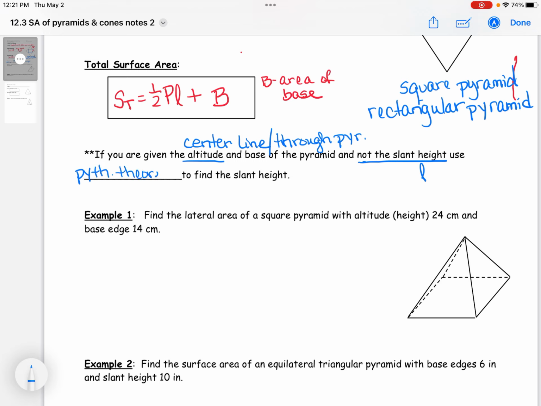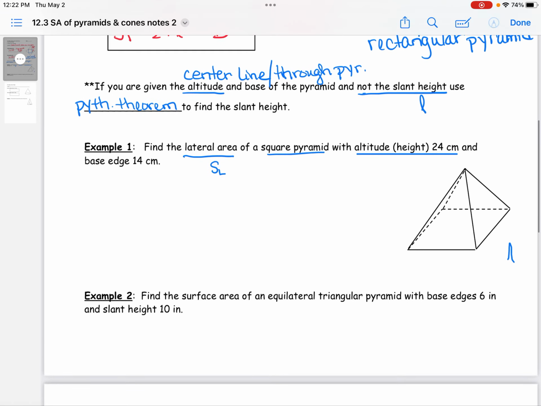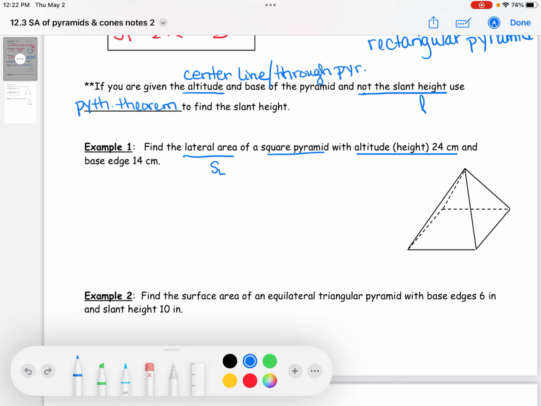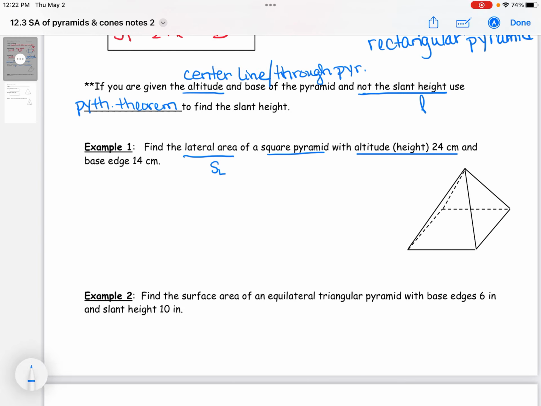So let's see what this would look like. Okay, so I want to find the lateral area of a square pyramid. So the altitude is 24. If I was going to try and draw that, it's hard to do on a piece of paper because it's 3D, but we'll try. Okay, so the altitude goes to the middle of the pyramid, like that.